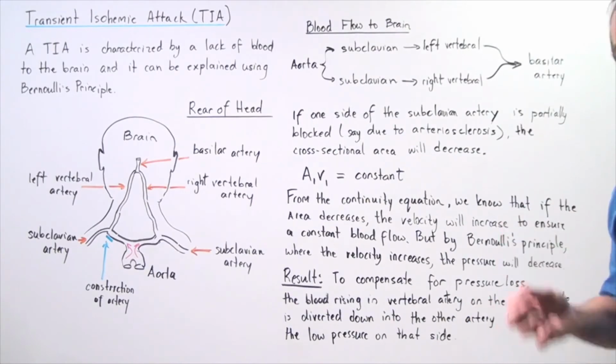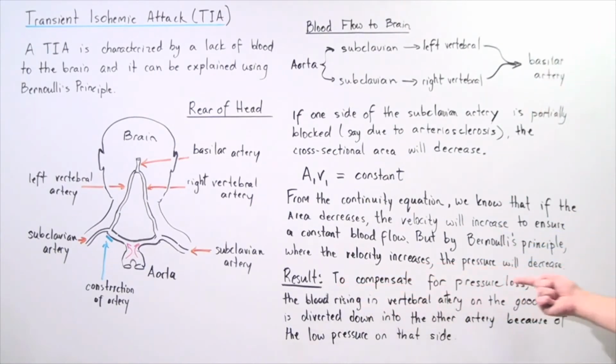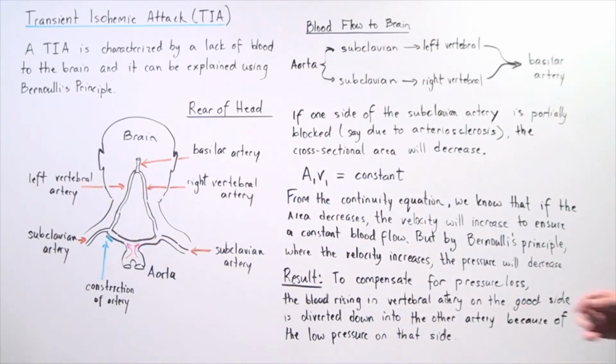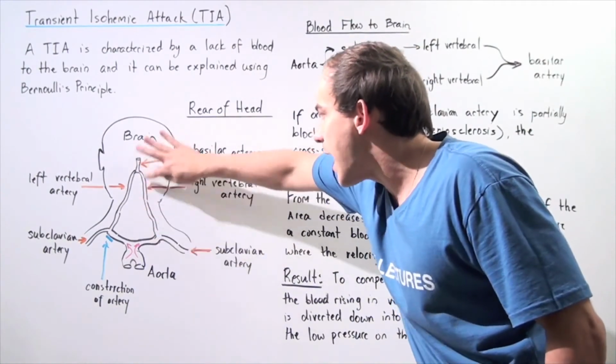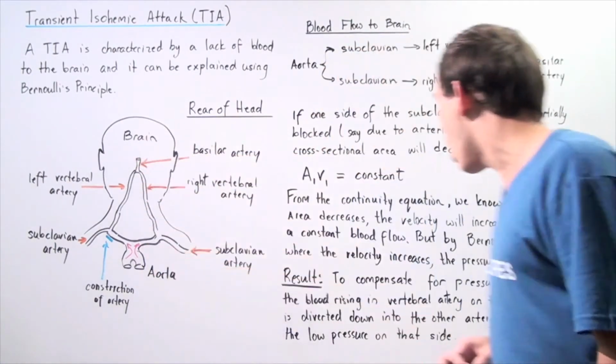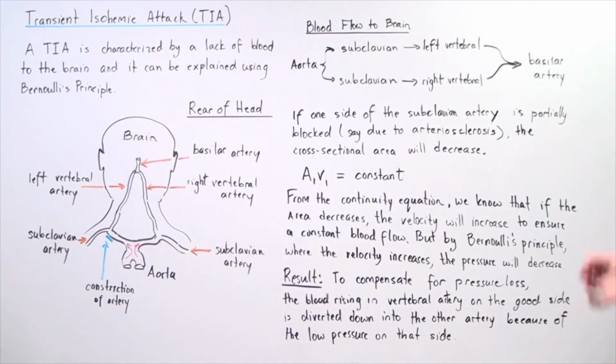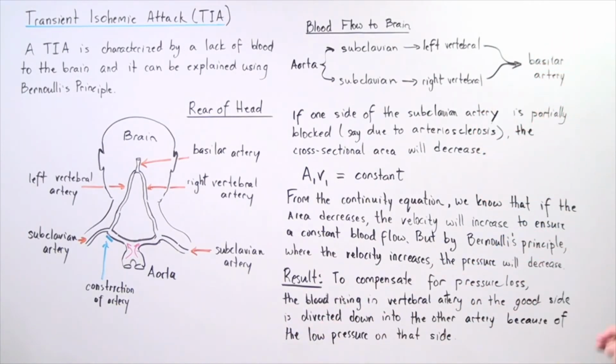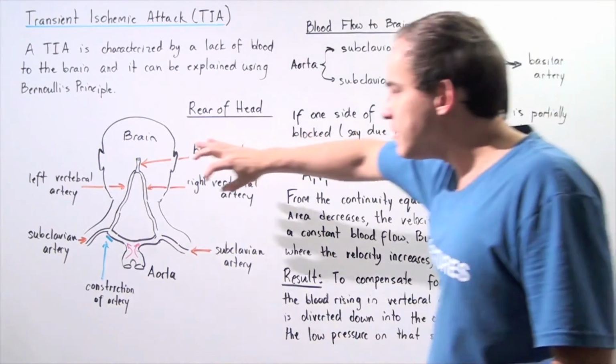What exactly is the result? To compensate for the pressure loss in this section of the subclavian artery, the blood rising in the right vertebral artery on the good side of the body is diverted down into the other artery found in this section.